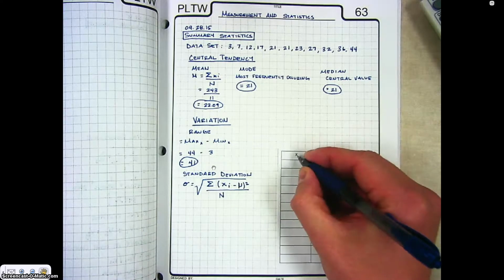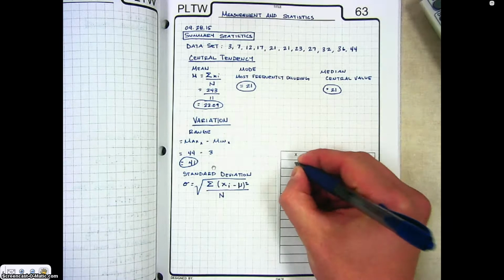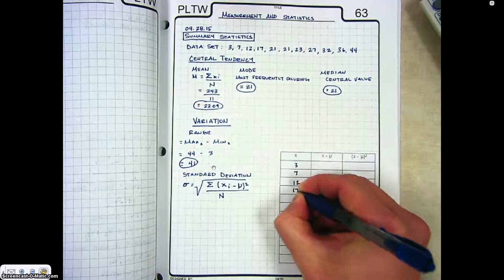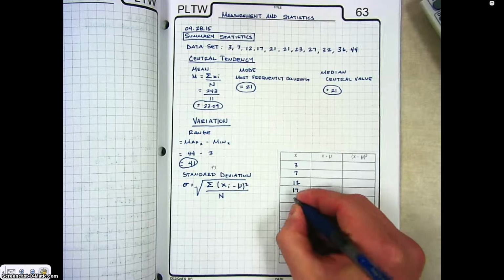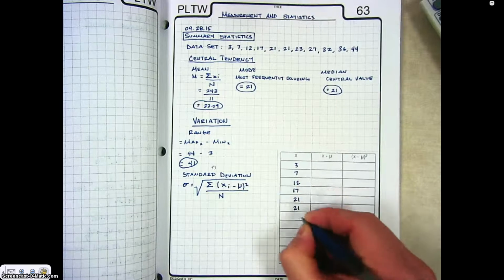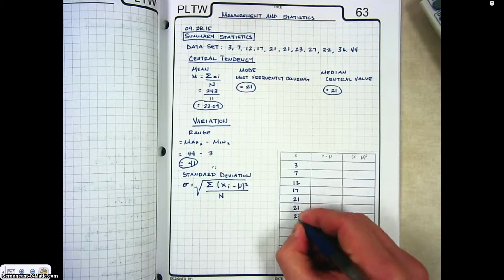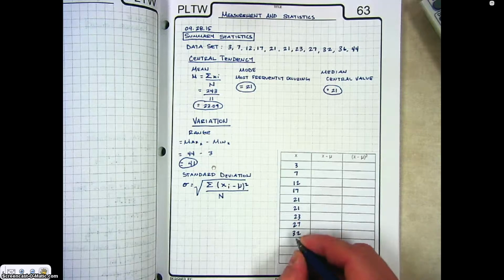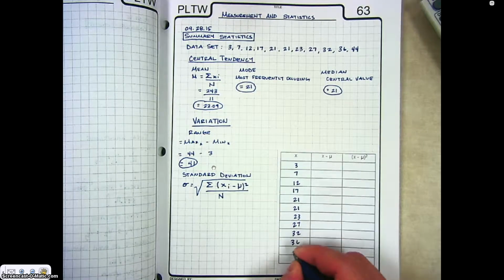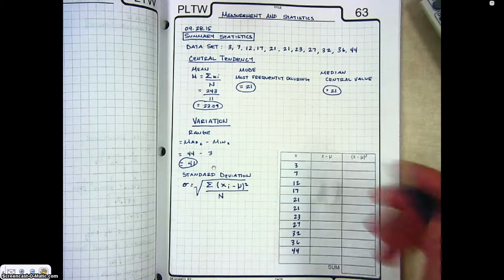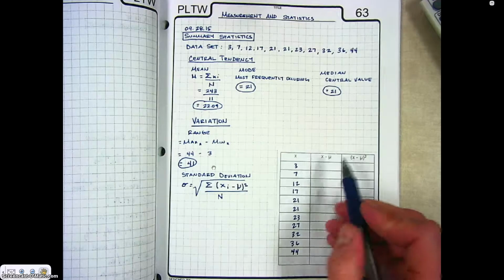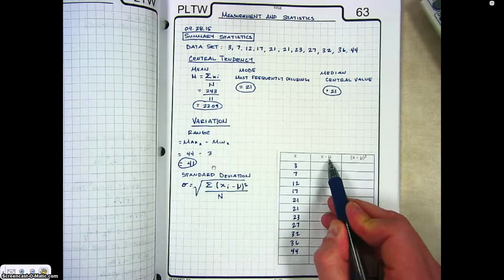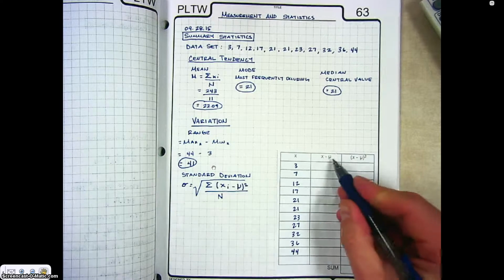And so here under x, these are just our values, so I'm going to put those in. 3, 7, 12, 17, 21, 21, 23, 27, 32, 36, 44.